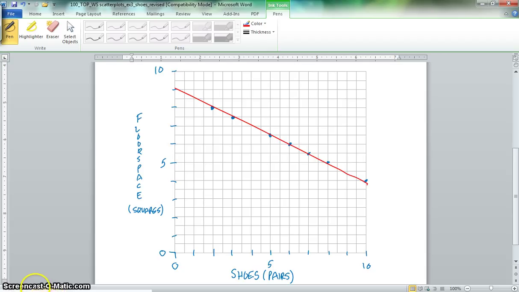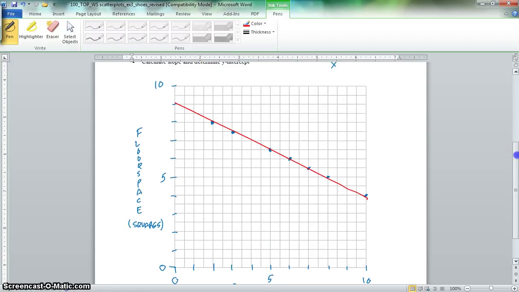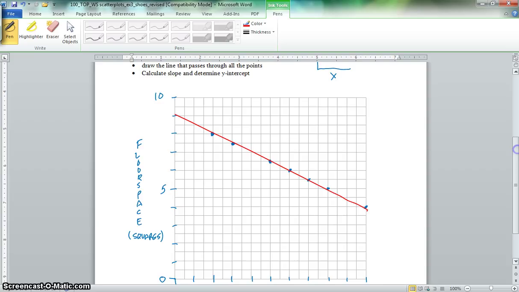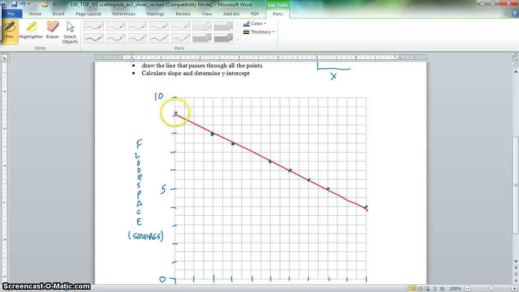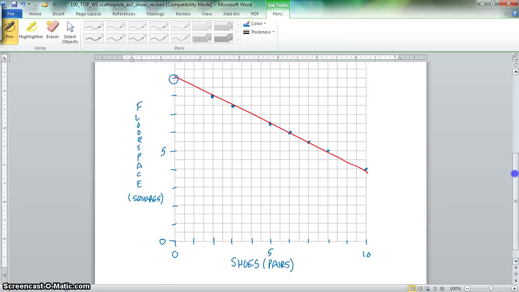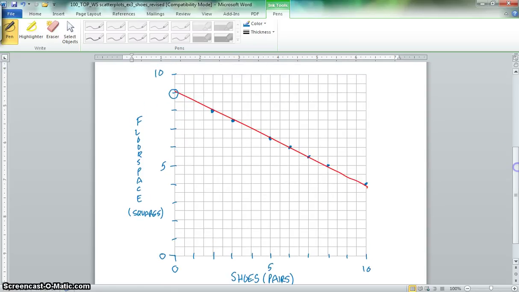All right, I finished plotting all the data points. It looked like a line, so I drew a line of best fit, and that's what we're looking at now. It's a linear graph. The y-intercept is a feature of interest, and I want to determine what that is here, so I will do that, and that's just by looking at the graph and seeing where the line would intersect the y-axis, and that is at 9.